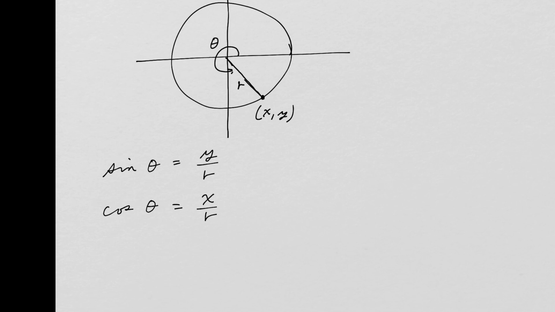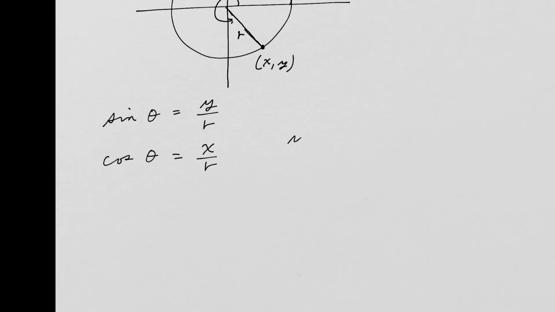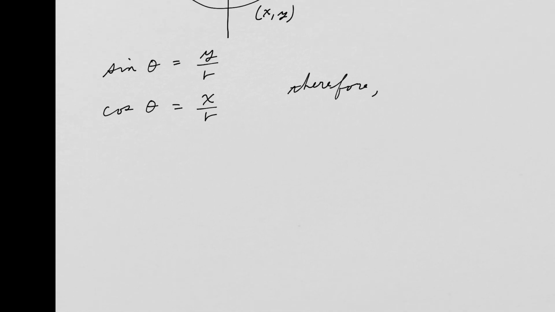Well, therefore, if we just rearrange these formulas, we could solve for the x and the y, right? Because often you will want to find the x and the y. So if I multiply in the first case, both sides by r, these cancel, and I have that y is going to equal r sine theta.